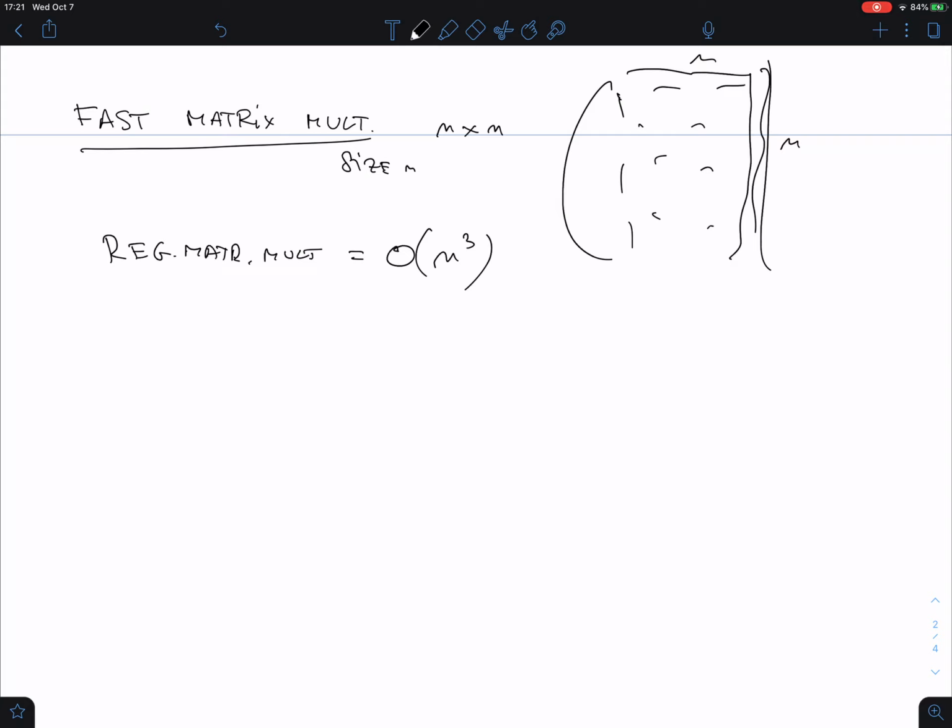Now, there was this algorithm devised quite recently. People have worked at this and they found a better one, and I don't know how it works. It's rather complicated. But what you do is, again, you make matrices of half the size. But strangely enough, in this you need 7 matrices of half the size. So you apply this same algorithm to matrices of half the size, but it's not just one or two, but 7.